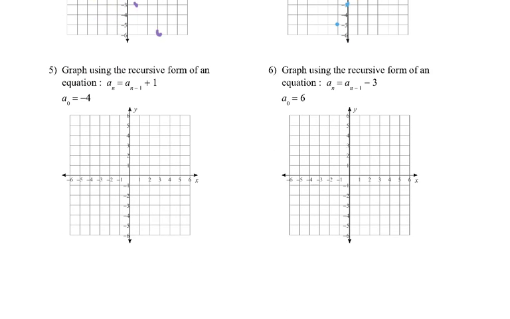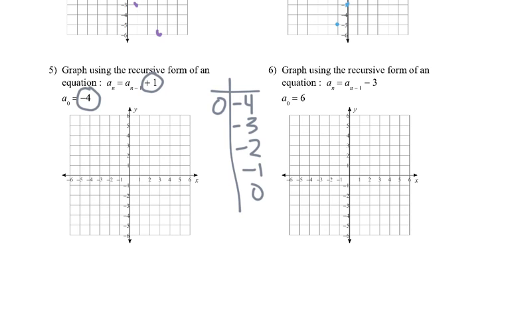So if I wanted to, I could make a table here. Say my starting point is negative 4. My growth is I'm adding 1. So negative 3, negative 2, negative 1, 0. And so I'd be adding 1 here as well, because I don't have any fraction or other thing like that. And then I could graph that.